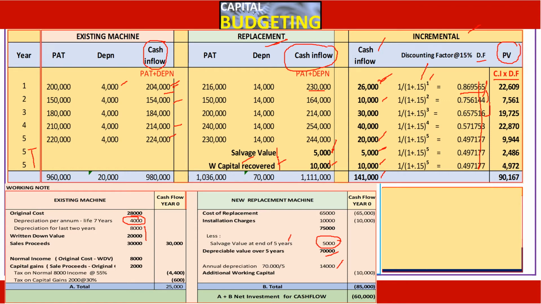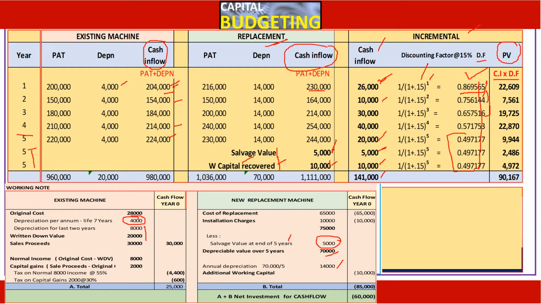Then we have these values of 1 divided by (1 plus 0.15) to the power of 2, 3, 4, 5, and the last two are also in the 5th year. Therefore, the factor will be common in respect of year number 5 and the 3 transactions. And invariably in the exams you will be given the DF.